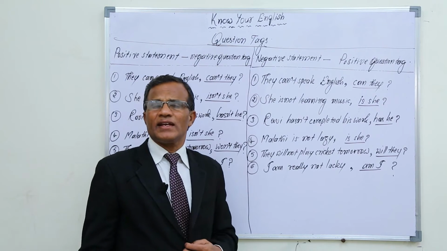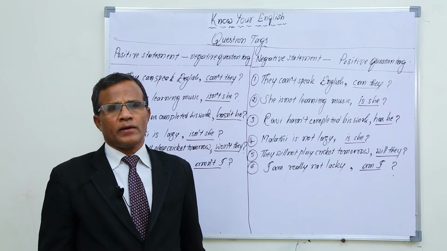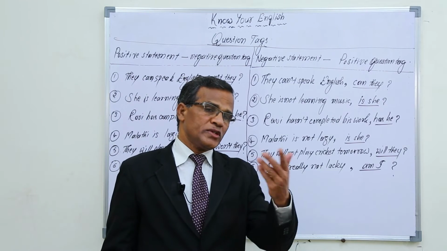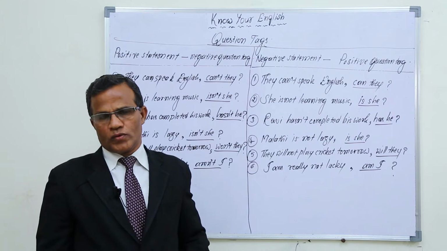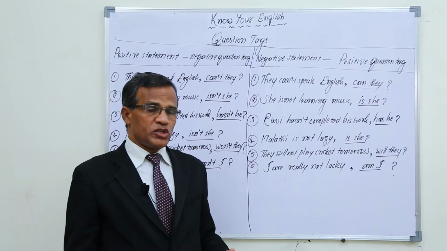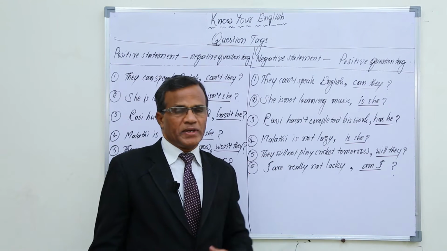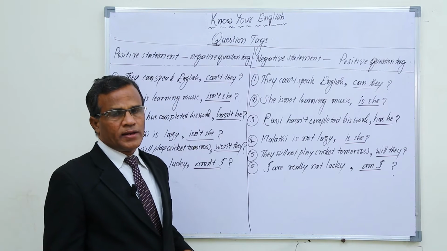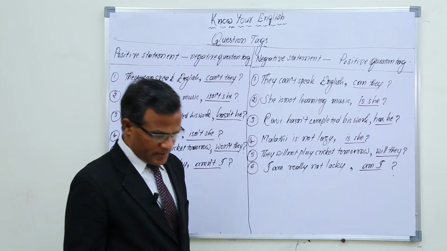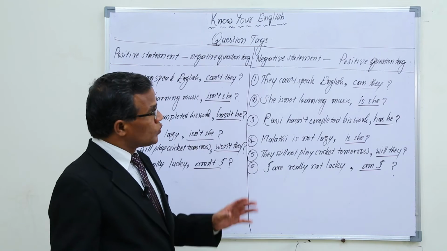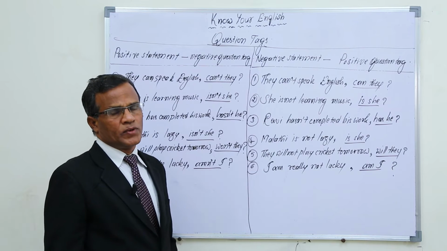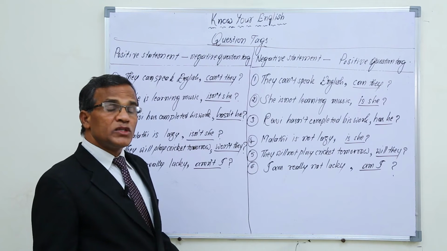Especially, these question tags are used to get information from the person whom we are speaking to, or to invite the listener to agree with us, to know whether he agrees with me.